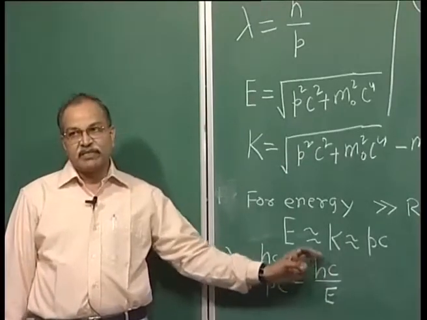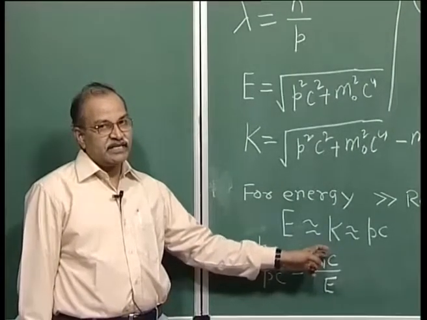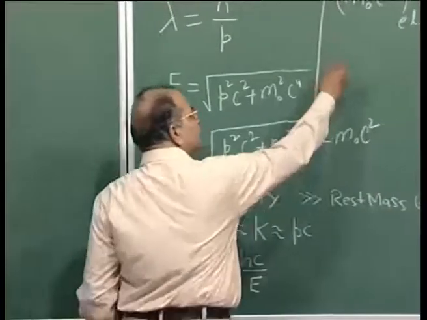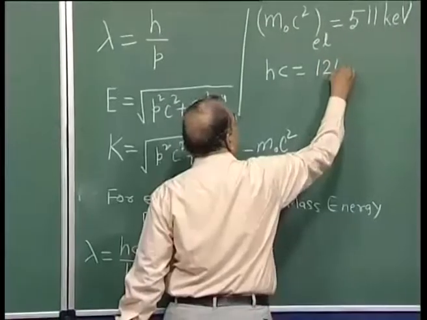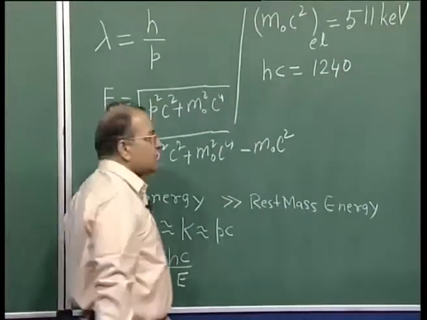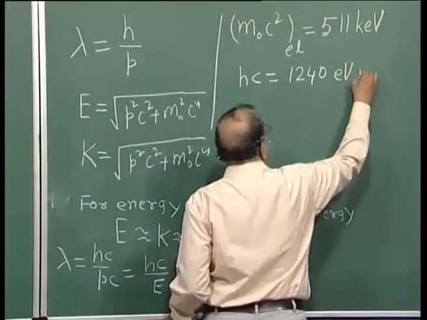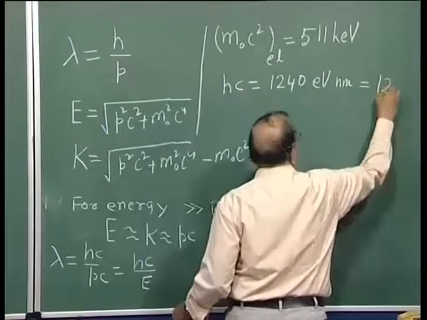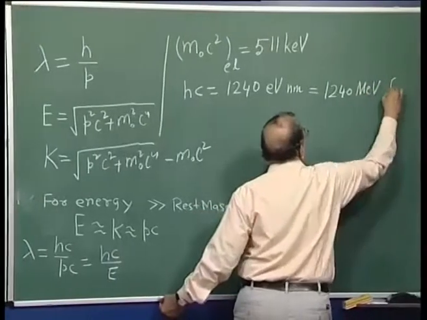You can remember this. h is Planck's constant, c is the speed of light, and if you multiply these two things, h into c comes out to be 1240. You can write it in electron volt nanometer, or the same number in mega electron volt femtometer.